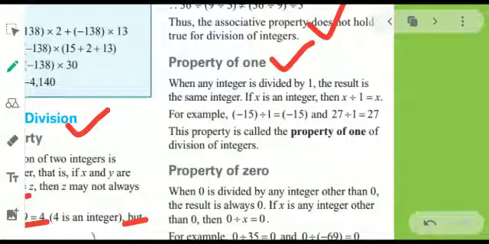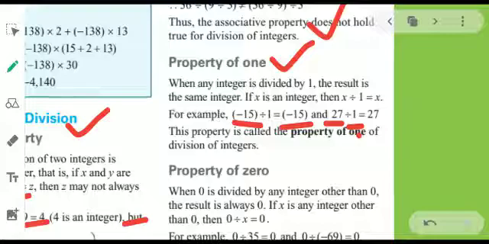If we take minus 15 as an integer and divide it by 1, we get minus 15. If we take 27 as an integer and divide it by 1, we always get 27. So we can see if we divide any integer by 1, we get the same integer. The property is called the property of 1 of division of integers.